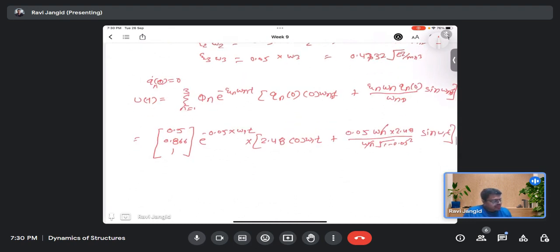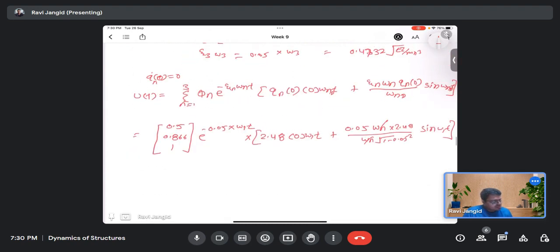Okay, for the second mode, let me write it. For the second mode, minus 1.01, e raised to power minus 0.05 omega 1 t times 0.33 cos omega 1 t plus 0.05 omega 2 into 0.33 by omega 2 square root of 1 minus 0.05 square into sin omega 2 t.